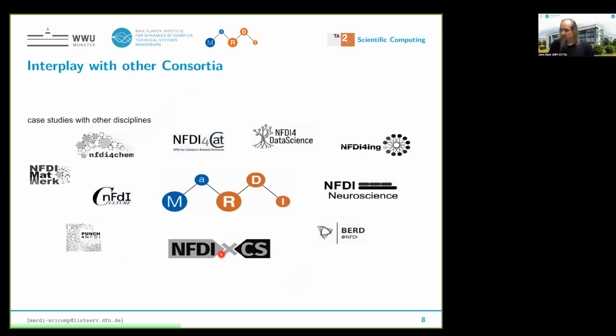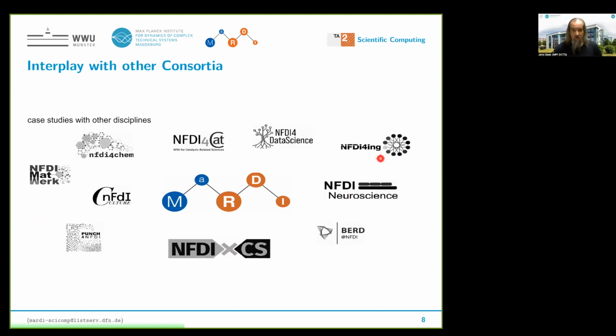Obviously, MaRDI is not doing all this alone, and I've said that especially task area 4, but also measure 4 inside task area 2, is very much concerned with interdisciplinary mathematical work. So there are all kinds of other consortia around us in all kinds of disciplines.